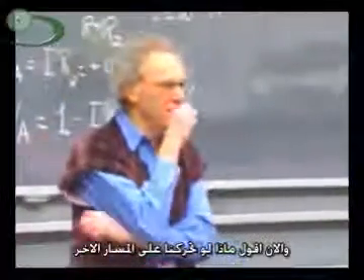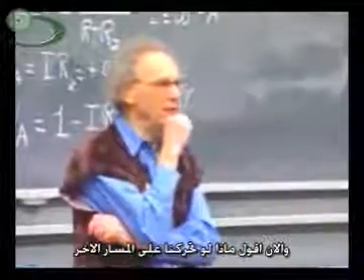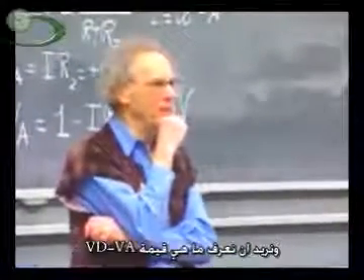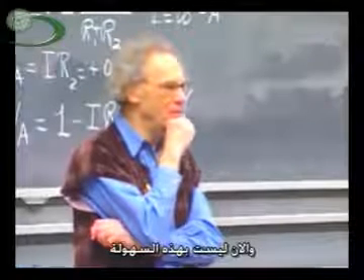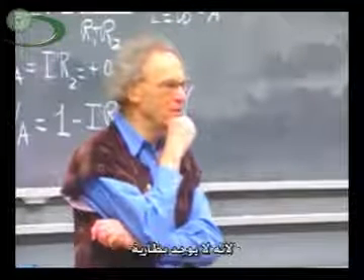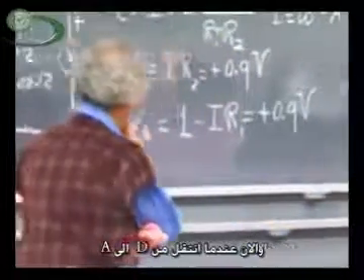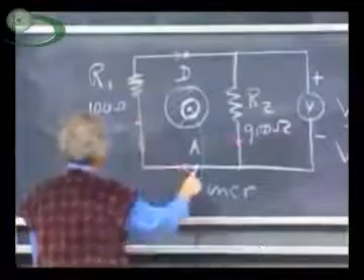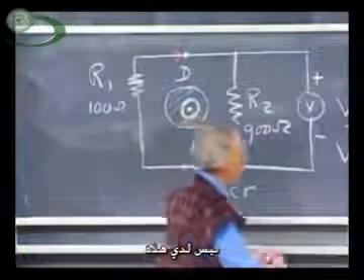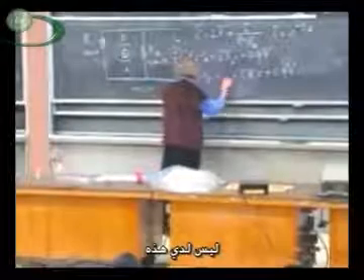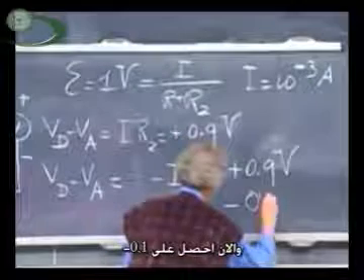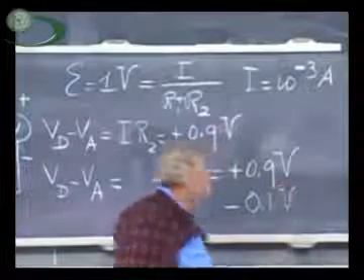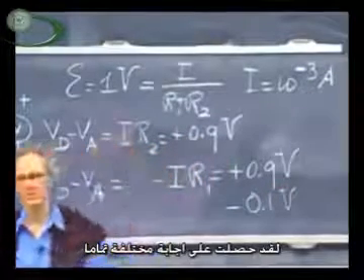And then I say, but now suppose we go the other side. And we want to know now what VD minus VA is. And now, it's not so simple, because there's no battery. And so now, when I go from D to A, I don't have this 1. And therefore, I now find minus 0.1 volts. I find a totally different answer.